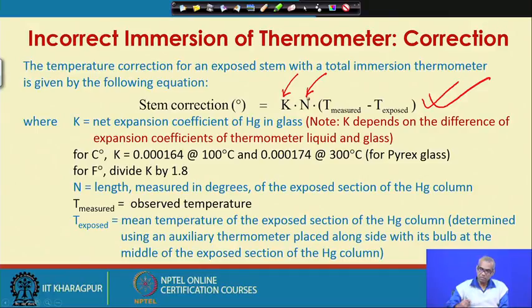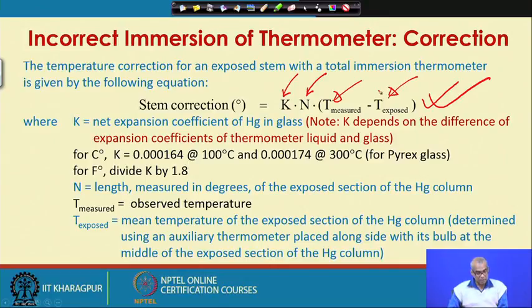T measured is the observed temperature, or temperature indicated by the thermometer, and T exposed is the mean temperature of the exposed section of the mercury column, which has to be determined using an auxiliary thermometer placed alongside with its bulb at the middle of the exposed section of the mercury column.